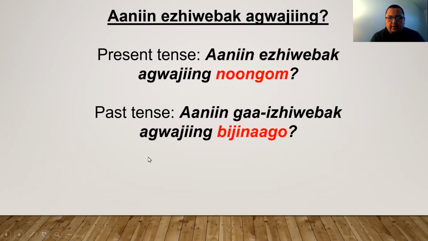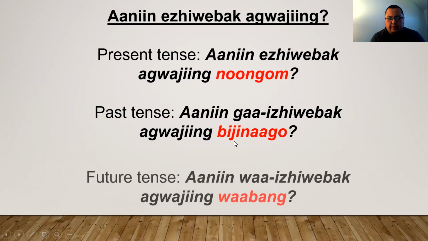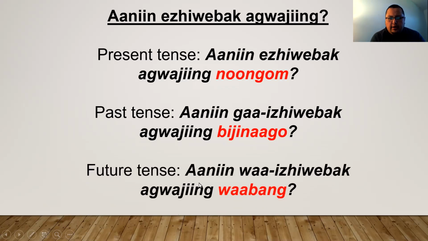Bijinago, past tense. Noongum, present tense. And our third one, we have future tense. Aaniin wa ezhiwebak agwajiing wabang. Future tense, wabang.